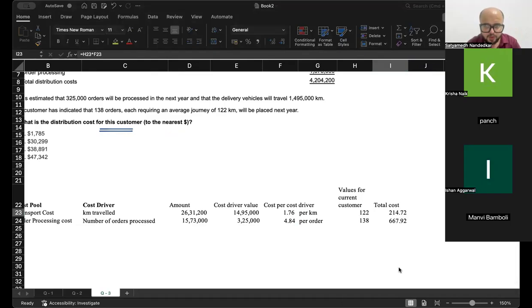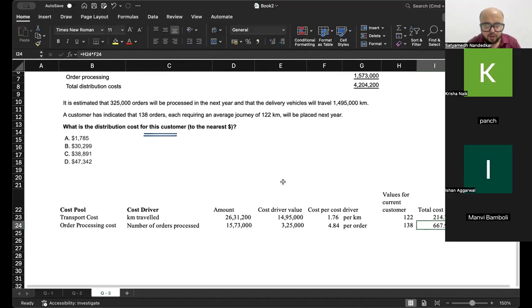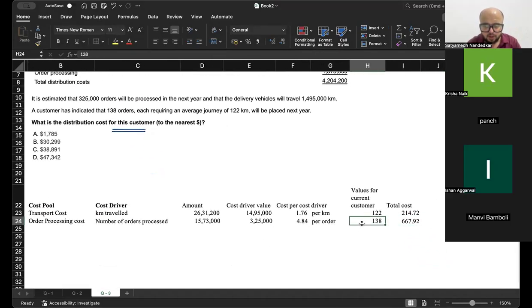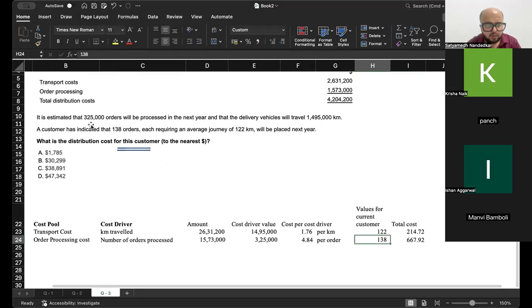And order processing cost is 4.84 per order. And how many orders are you servicing? 138. Now, a customer has indicated that 138 orders will be placed, each requiring an average journey of 122 kilometers.